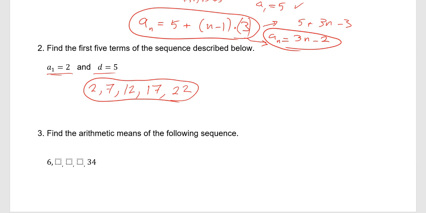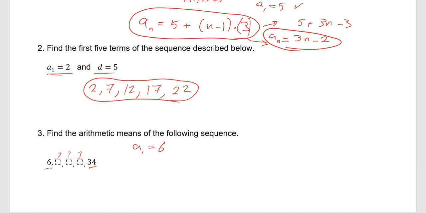Last exercise, find the arithmetic means of the following sequence. So we have 6, we have some missing term, another missing term, a third missing term, and 34. So we can just write our knowns, right, which are a1 equaling 6, we know that.